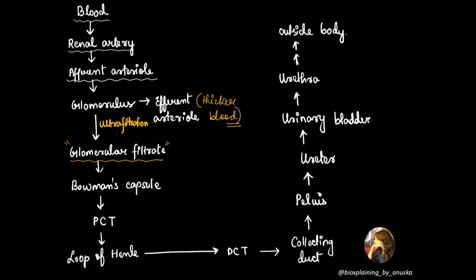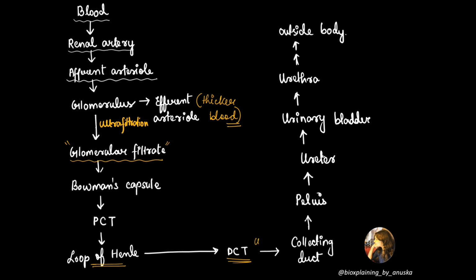Glomerular filtrate then gets into the Bowman's capsule, and from the Bowman's capsule it will go to the PCT, where we see the process of selective reabsorption beginning. From there it passes to the loop of Henle. The loop of Henle will also continue the process of selective reabsorption. From there it will go to the DCT. From the DCT, it ultimately goes to the collecting duct.